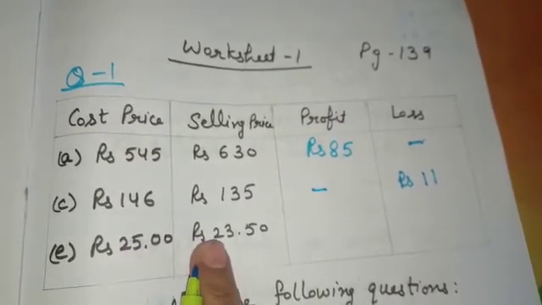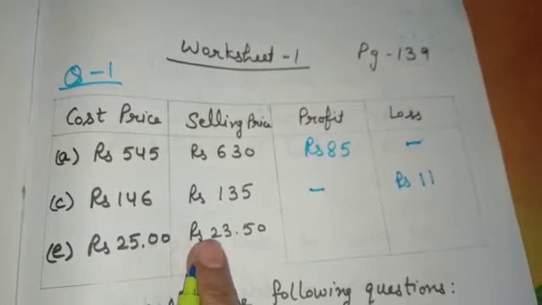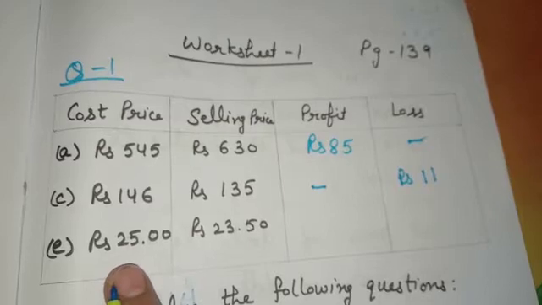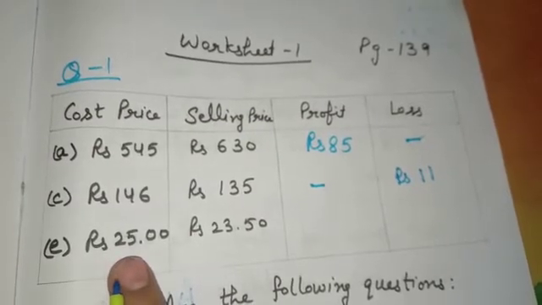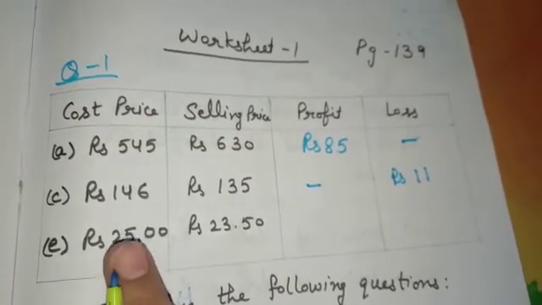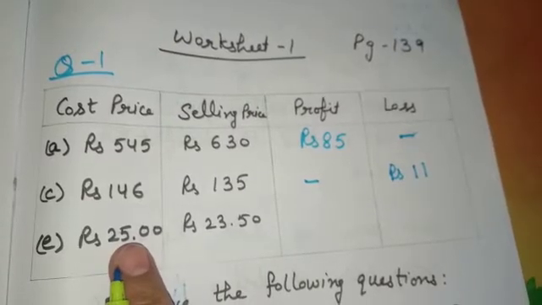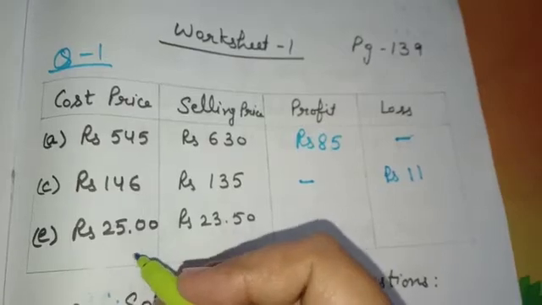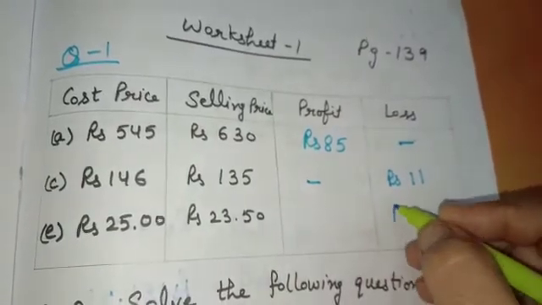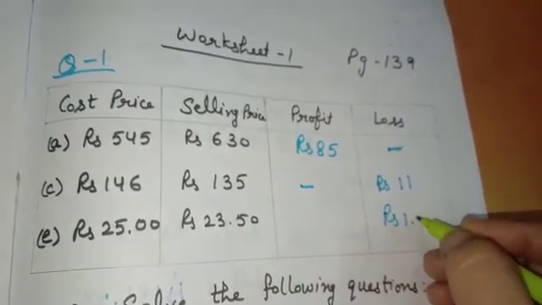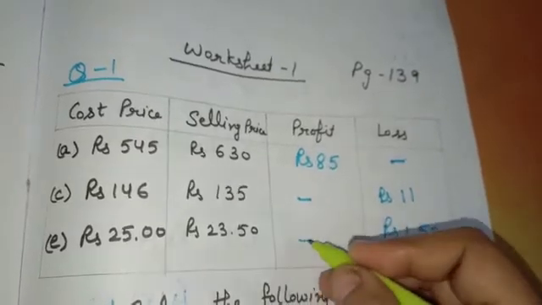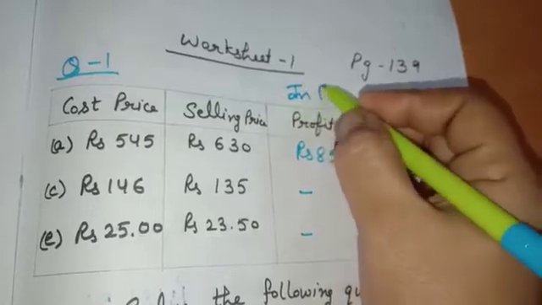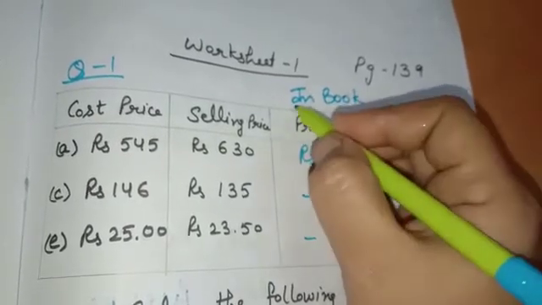Selling price is 23.50. Is selling price greater or cost price greater? Yes, cost price is greater. So again it's a case of loss, and to find the loss we will subtract cost price minus selling price. 25.00 minus 23.50. When I subtract, the answer will be 1.50. This question you will do in your book only, and the remaining parts you will do on your own.